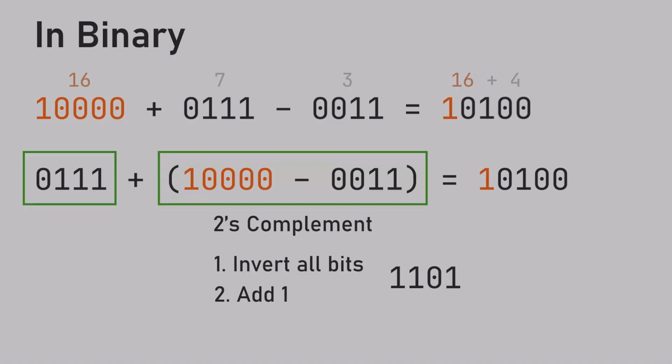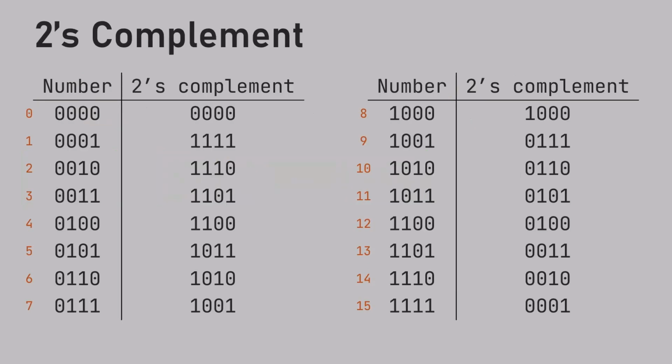So what should we do? Should we think of 1101 as negative 3 or as 13? Well, it turns out that we can choose. And since we do not have a way to represent negative numbers yet, this could be a way to do that. Let's take a look at the properties of the 2's complement.